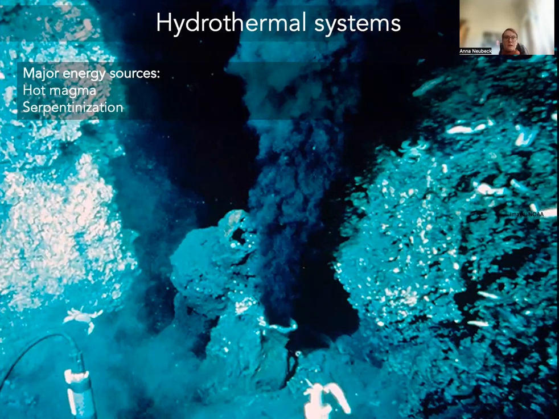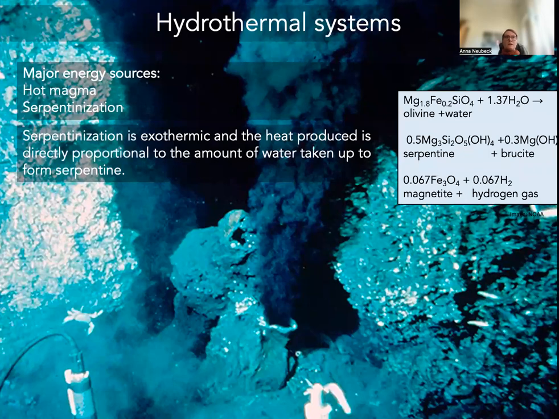And serpentinization is an exothermic chemical reaction in which olivine, which is a silica-depleted, iron-rich mineral, is reacting with water, producing the hydrated version of olivine, which is called serpentine, and some other minerals such as brucite and magnetite. And it's also producing hydrogen gas, but most importantly it's producing heat.